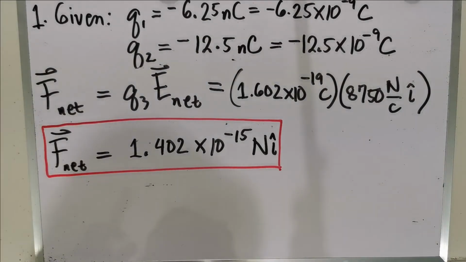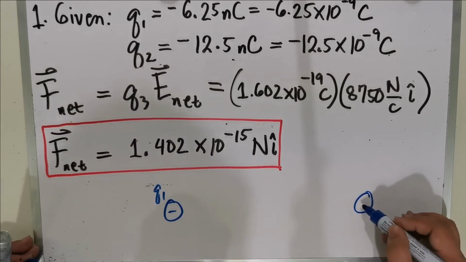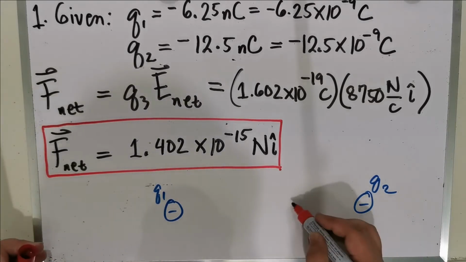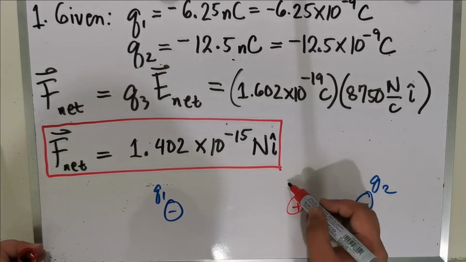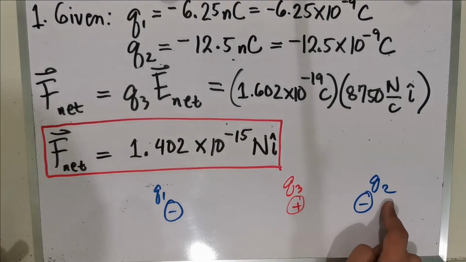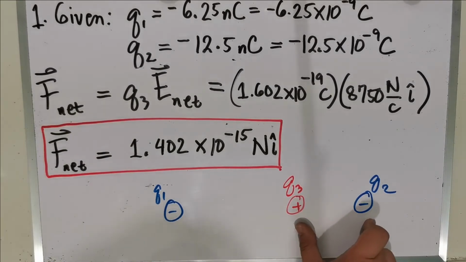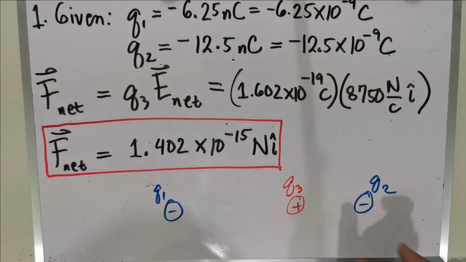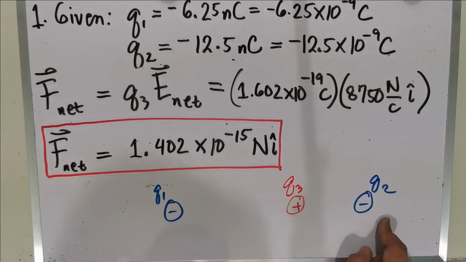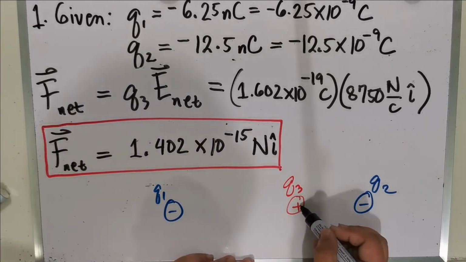Remember, if this is your Q1, this is our Q2, and this is the Q3 at point P, which is positive. If Q1 exerts a force on Q2, remember the two are opposite charges, meaning the interaction would be attractive. So the positive charge would be attracted to Q2, and the force of 2 toward 3 is in that direction.